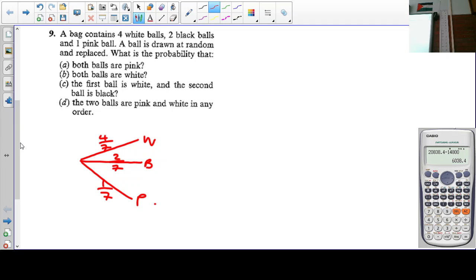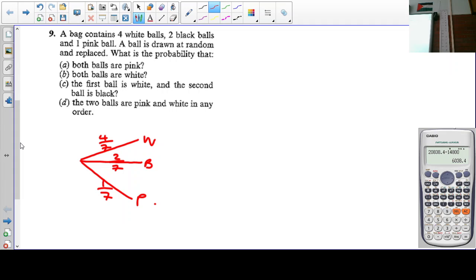Can you see that? A ball is drawn at random and replaced, which means the ball is taken out and then put back. So when we take that 1 ball out of the bag, are there 6 balls left in the bag? Not so, because it's being replaced, so it goes back in the bag.